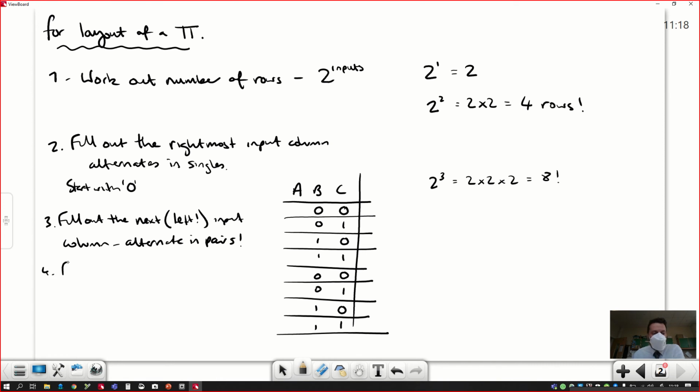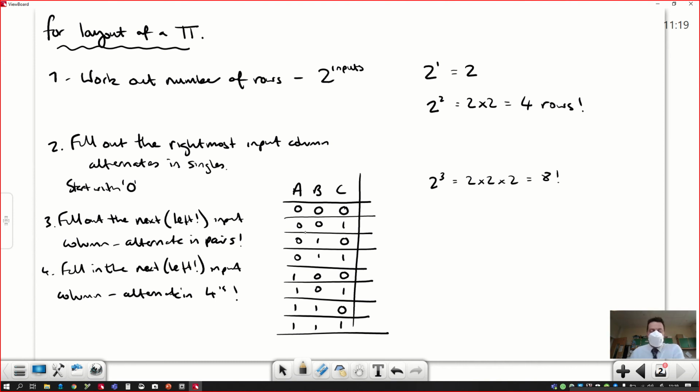And 4. Fill in the next left input column. Alternate in 4s this time. 1, 2, 3, 4. 1, 2, 3, 4.